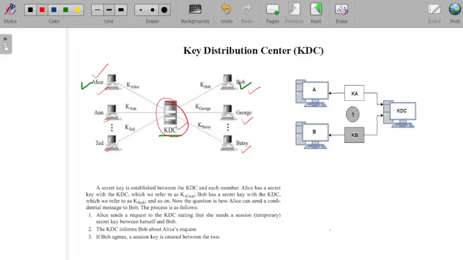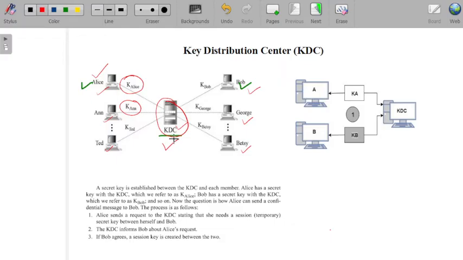So this KDC will create a secret key between the KDC and all the users. For example, for Alice, the key is generated like K Alice, then for Anne, the key is generated like KAN, and likewise for all the users, and they are stored by this key distribution center.